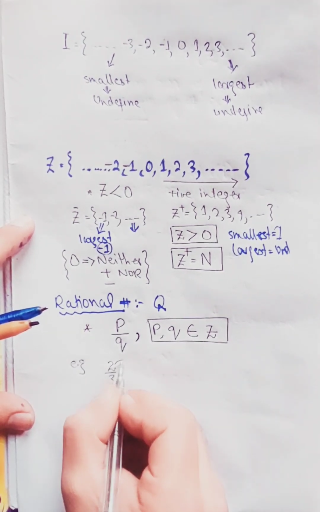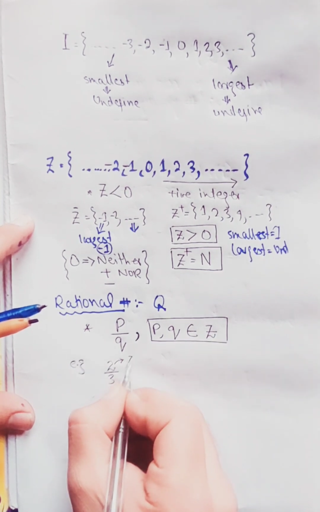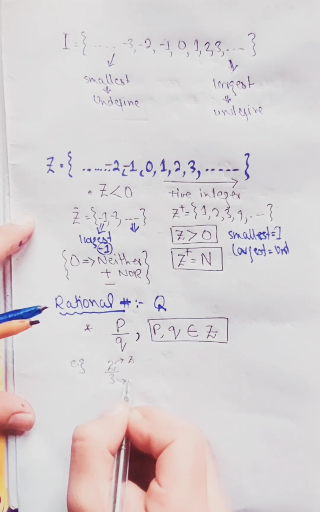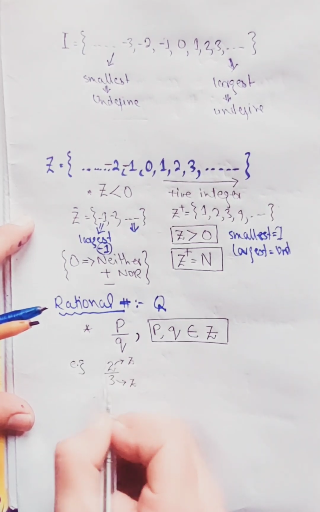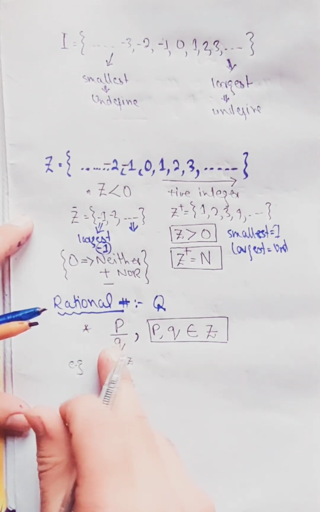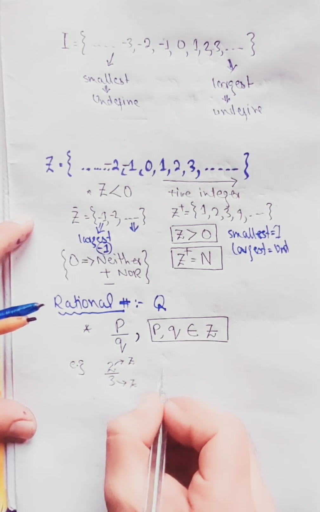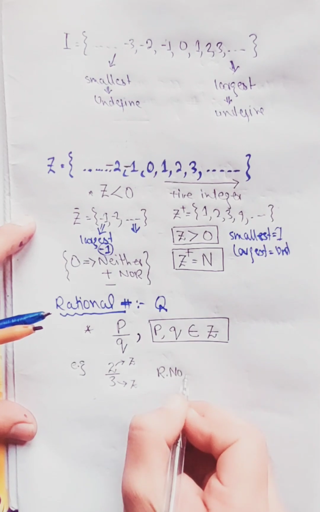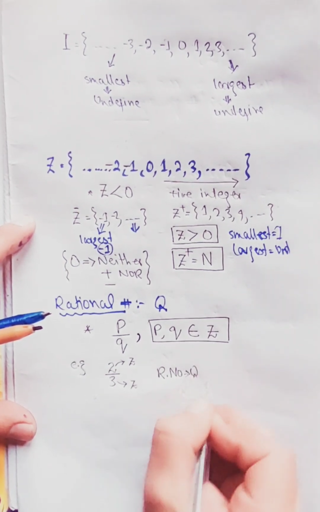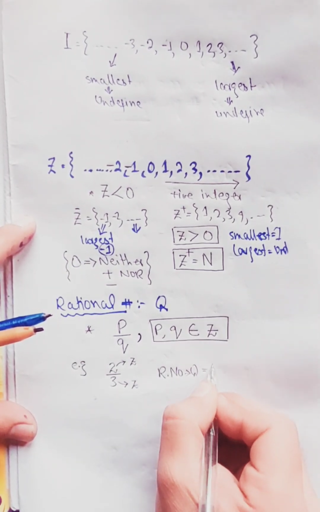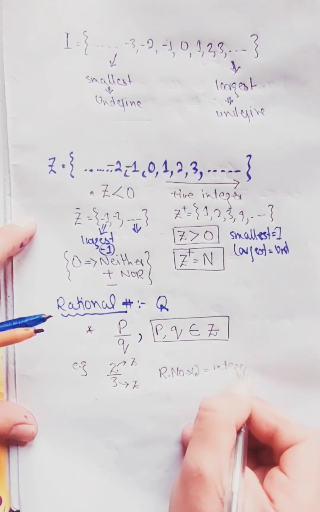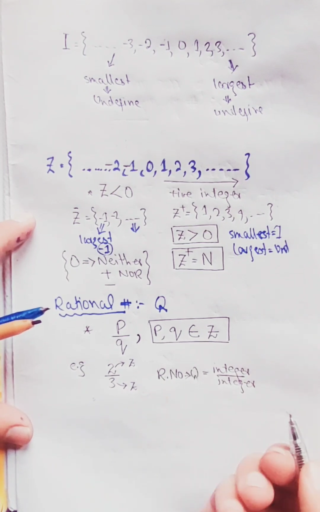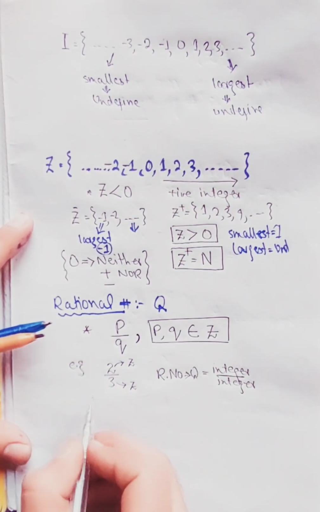You can see this is an integer, it belongs to integers. This is also an integer. So this whole is a rational number. Simply, if the top is an integer and the bottom is also an integer, then this will be a rational number.